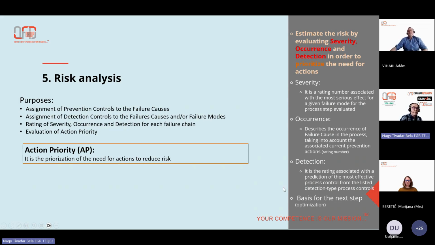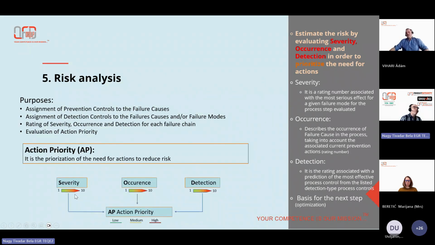This evaluation could be from 1 to 10. The occurrence is also evaluated 1 to 10, and detection also 1 to 10. So in this case, we have 3 numbers. This number trio will describe the action priority.